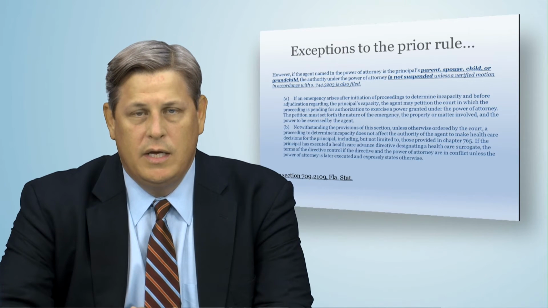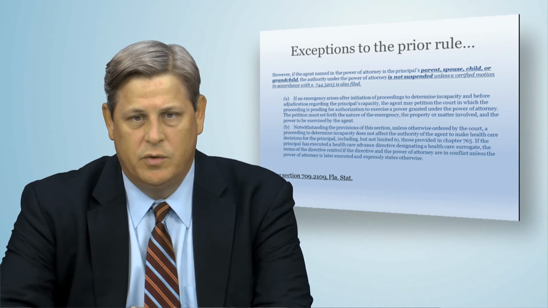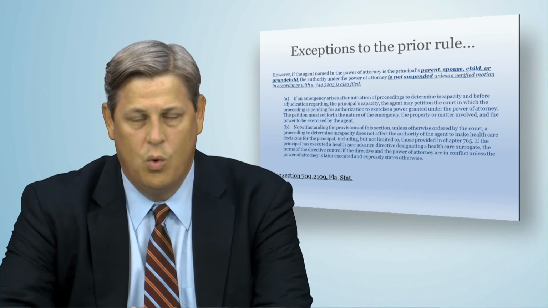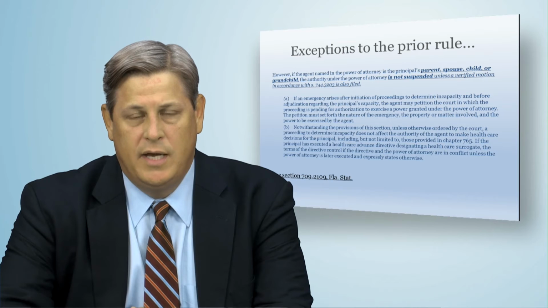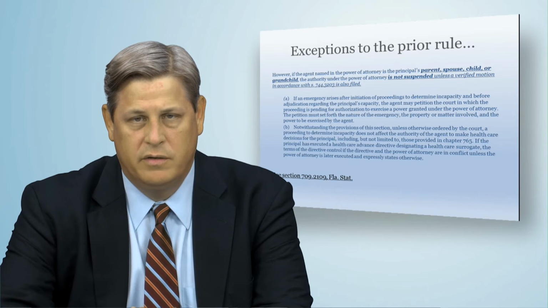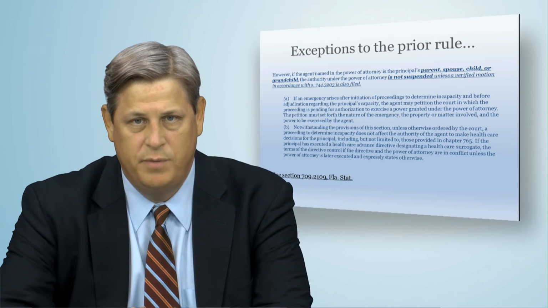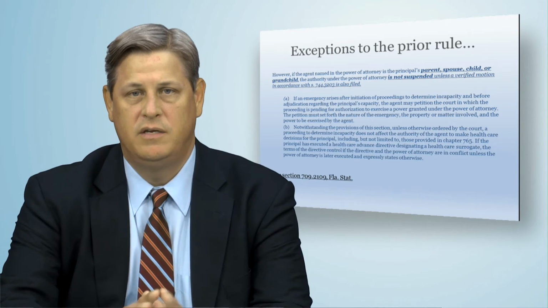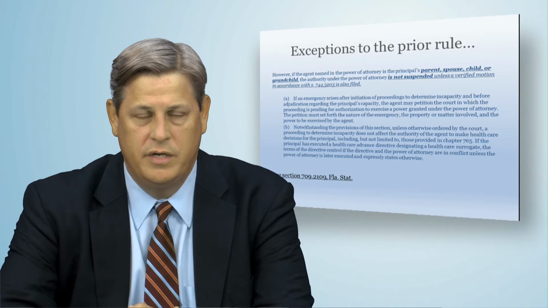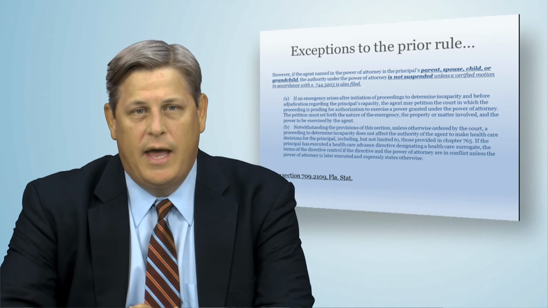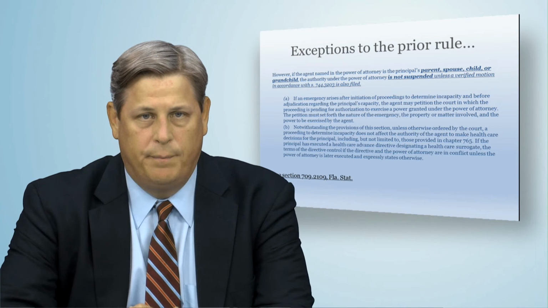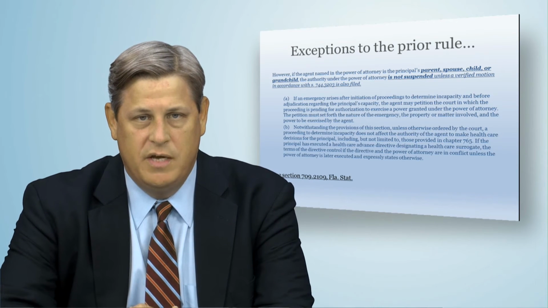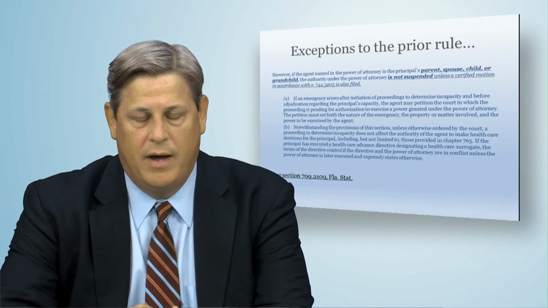Even if a petition to determine incapacity or a petition to appoint a guardian has been initiated with the court, if the principal has given the power of attorney to a parent, a spouse, a child, or a grandchild, then the authority to use the power of attorney will continue and will not be suspended throughout the pendency of the incapacity hearing or the appointment of the guardian, unless a verified statement has also been filed to say that the power of attorney is improper.